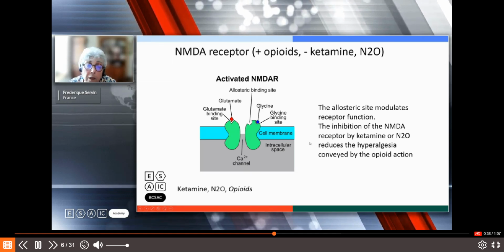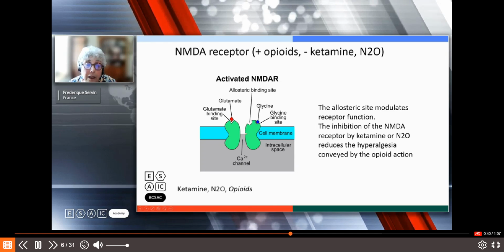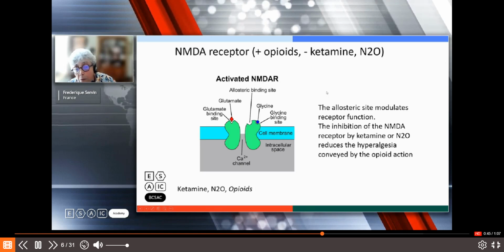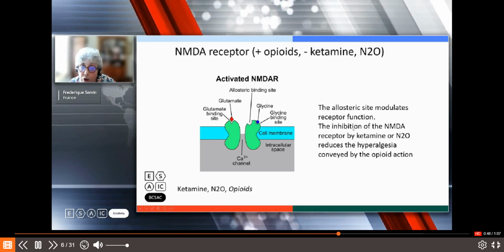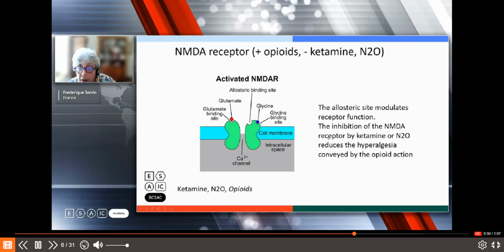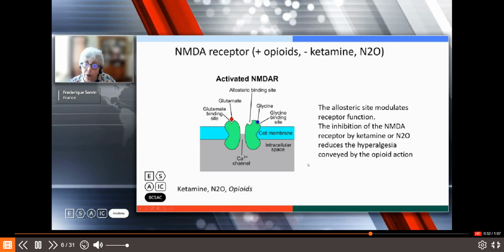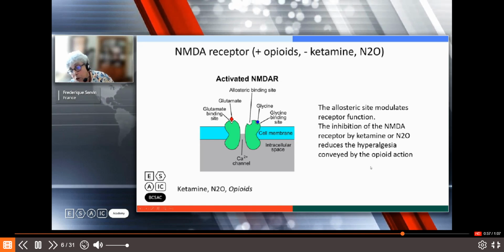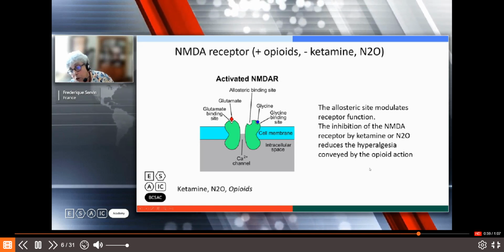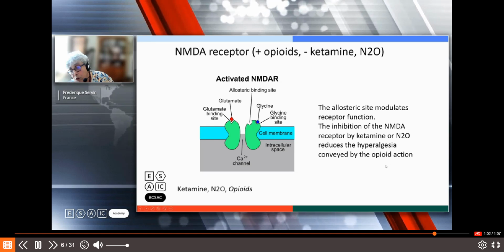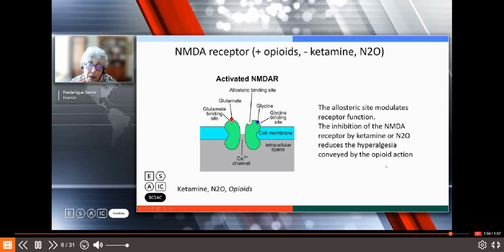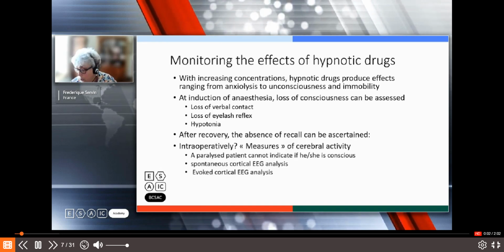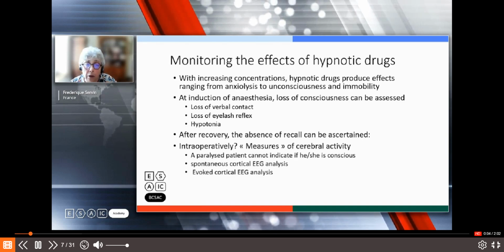And this allosteric binding site of the receptor modulates the receptor function. And so the inhibition of the NMDA receptor by ketamine or nitrous oxide will be able to reduce the hyperalgesia conveyed by the opioid action by modulating the receptor function.